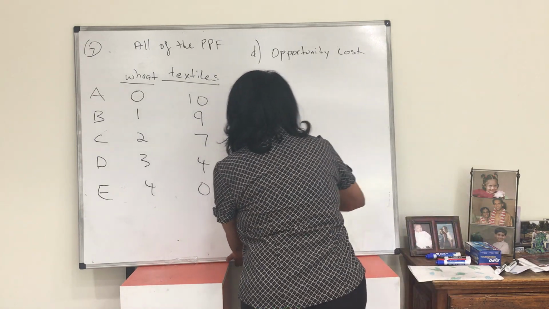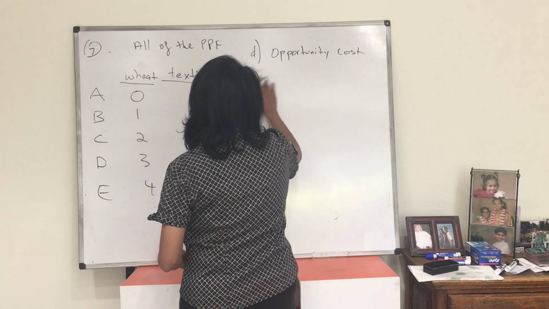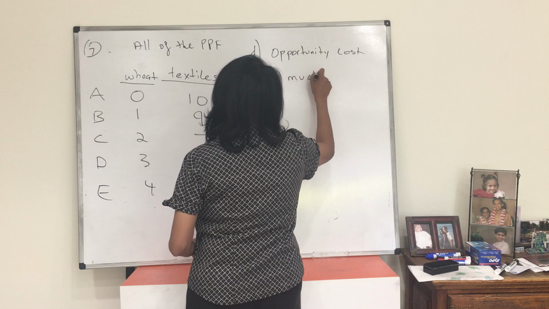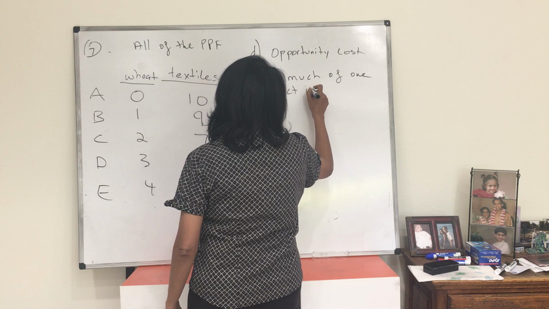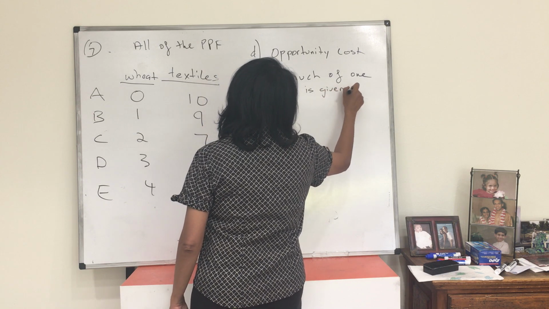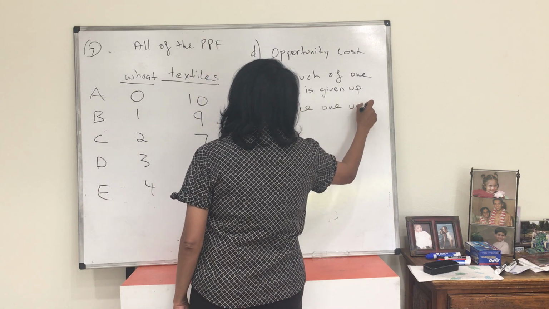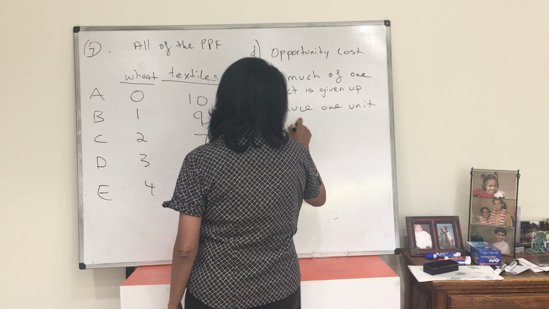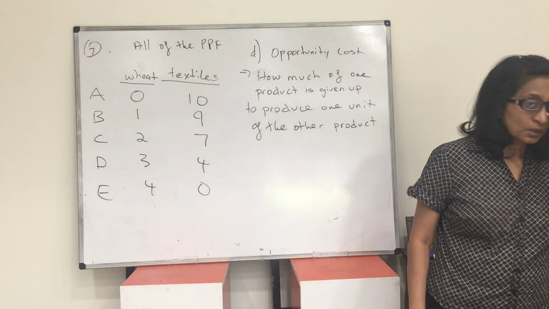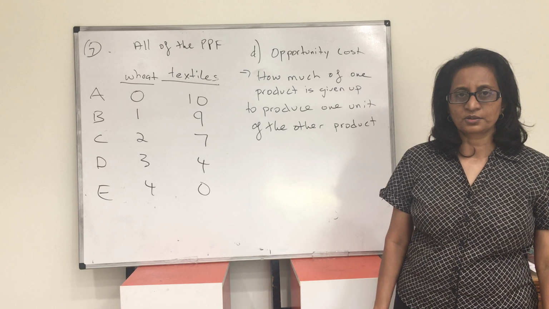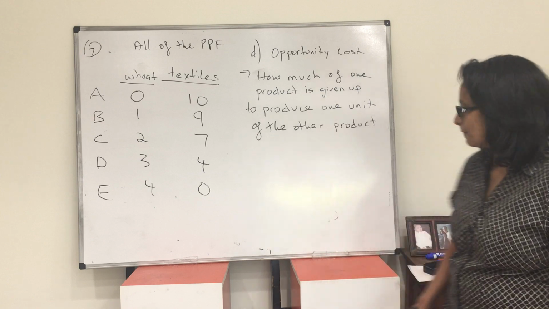I am going to define the opportunity cost specifically like this: how much of one product is given up to produce 1 unit of the other product?